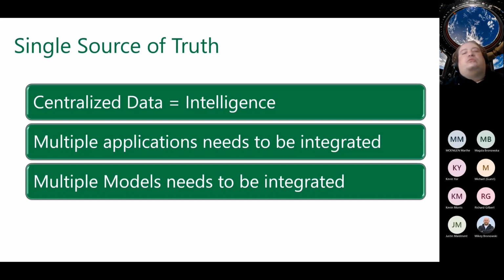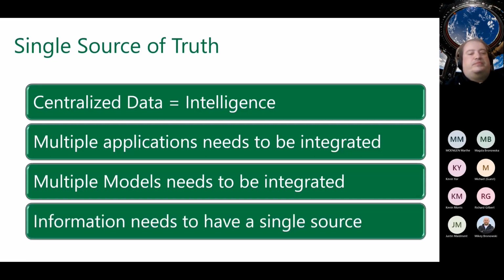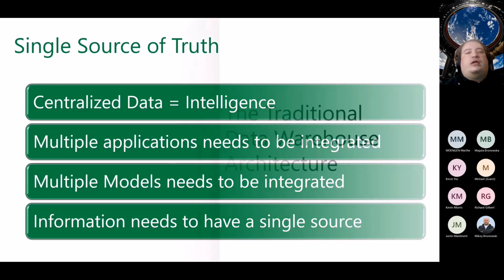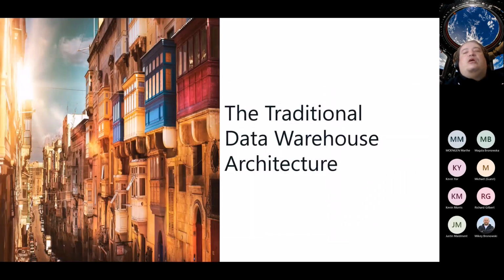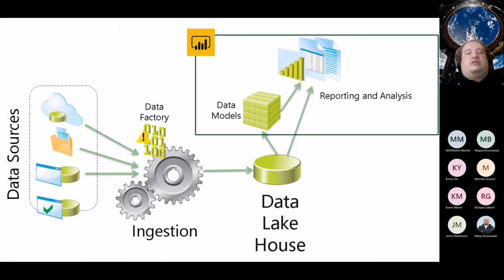Multiple models will need to be integrated into a single data model, which will become the single source of truth of the company. And the information needs to have this point as a single source. So we can generate an analytical report, analyze the data of the company, analyze the history of the company from a single source.